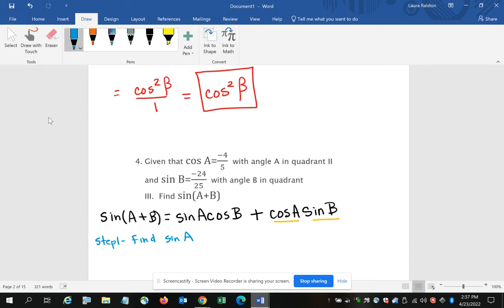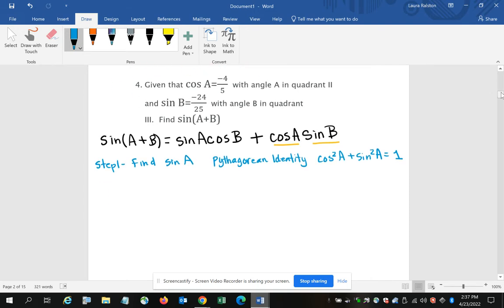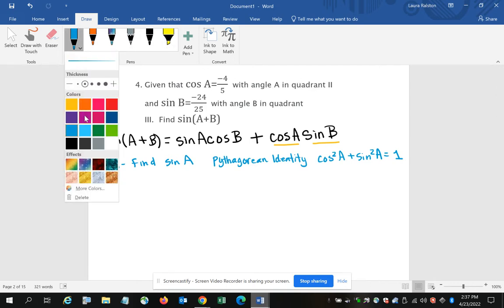To find the sine of angle A, I'm going to use my Pythagorean identity. That's the easiest way to do it. You have cosine squared A plus sine squared A equals 1. It is important that angle A is in quadrant 2. We'll talk about that in just a minute.